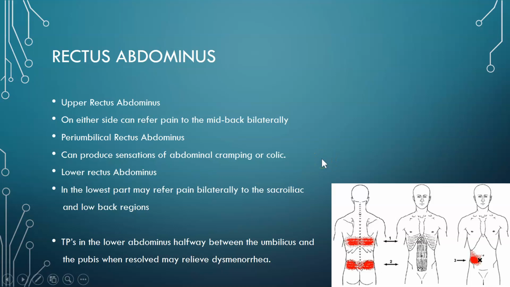Lower rectus abdominis may refer pain bilaterally to the sacroiliac and low back joints. This is just for information. I've never seen a lot of research on this, but Travell does talk about how trigger points in the lower abdominal, halfway between the umbilicus and the pubis, when resolved, can relieve dysmenorrhea, which means painful period.